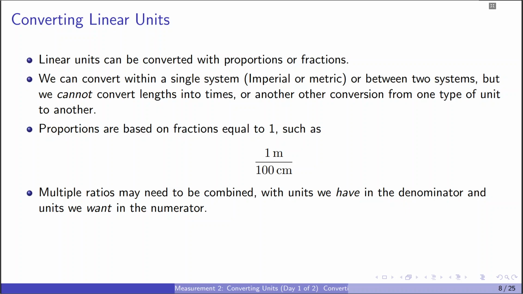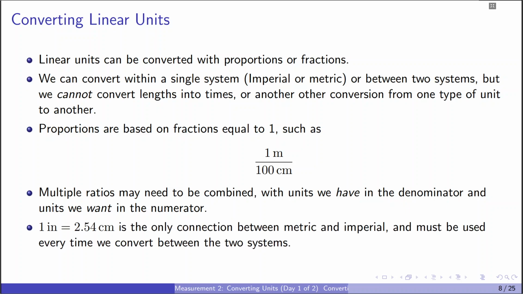Multiple ratios may need to be combined with units we have in the denominator and units we want in the numerator. And we need to keep in mind that 1 inch is 2.54 centimeters is the only connection between metric and imperial units of length. So we're going to be going back to that every time we need to convert between the two systems.